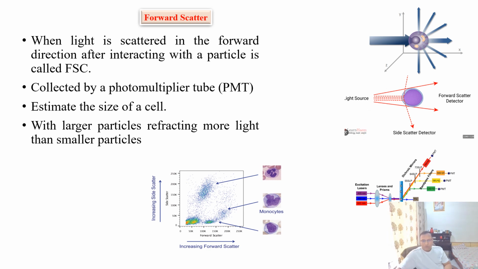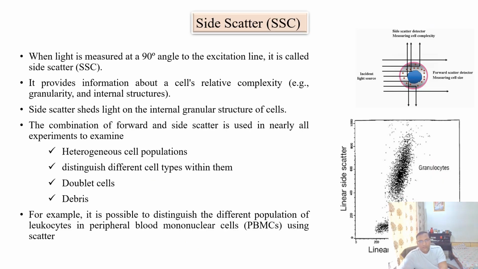So this is called forward scatter. Forward scatter measures or estimates the size of a cell. Now you have to remember this: forward scatter is used to estimate the size of a cell.